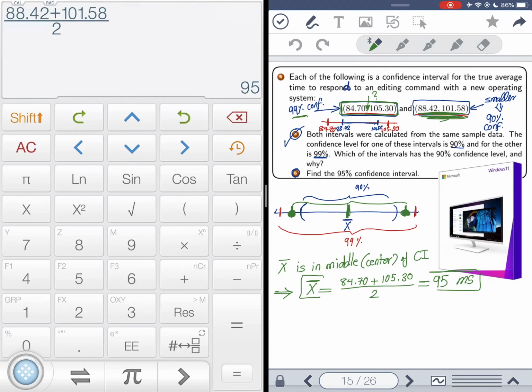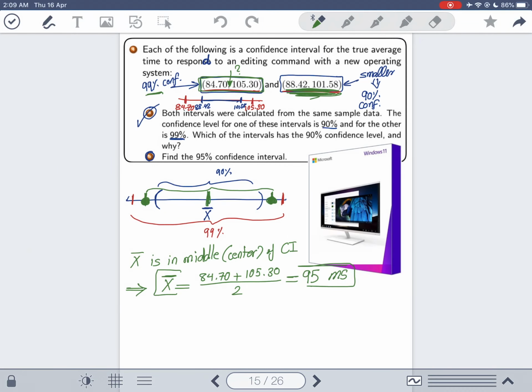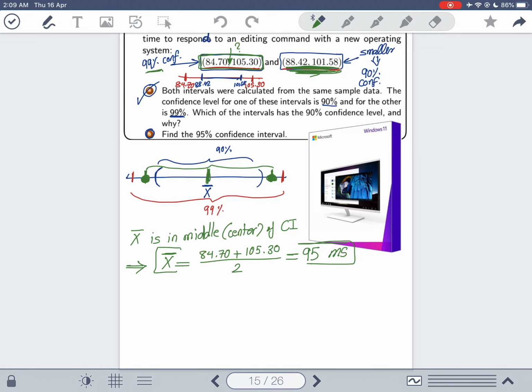So it doesn't matter which one of the two you choose. Good. So now what we can do is continue. Now what do we know? We know the X bar and we know the confidence level. Let's use the 99 for now to get the 95 from it. But how do we get the 95 from it? Well, what is the margin of error? Let's ask this question.